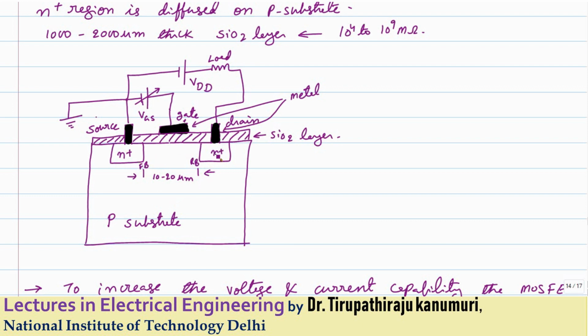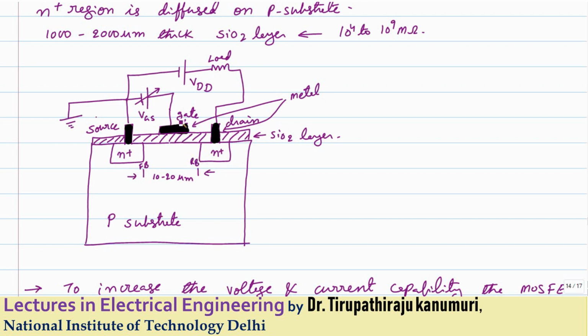As one of the layers is reverse biased, it will not conduct. In practice this can be opposite also, so let us take the case when the source is positive with respect to the drain. In that case also, this N plus P substrate will be reverse biased and this will be forward biased. Always one layer is reverse biased, that's why it cannot operate as a closed switch.